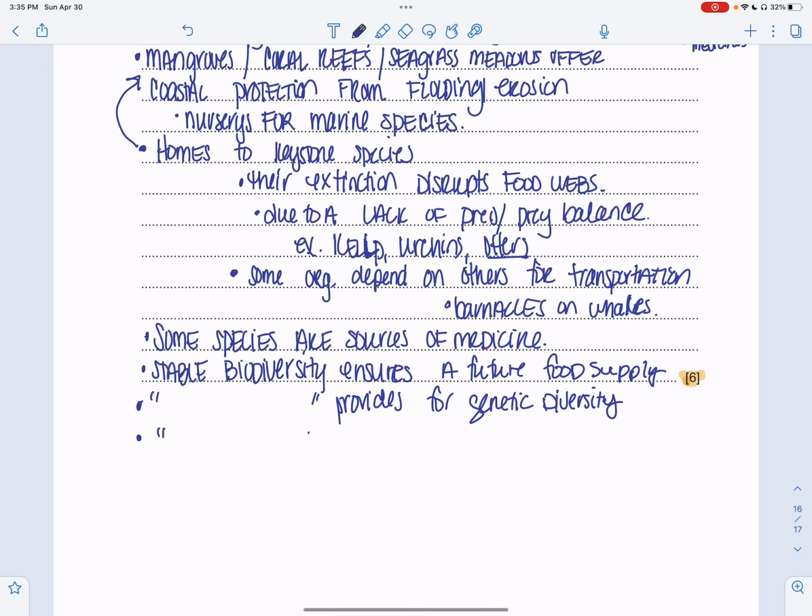Stable biodiversity, I think, is important for tourism and the fishing industry.